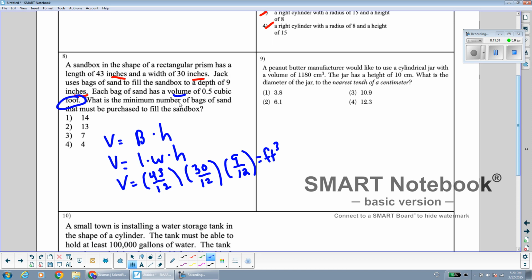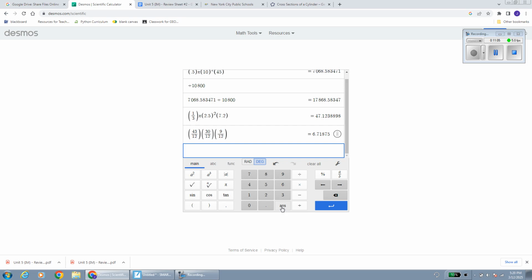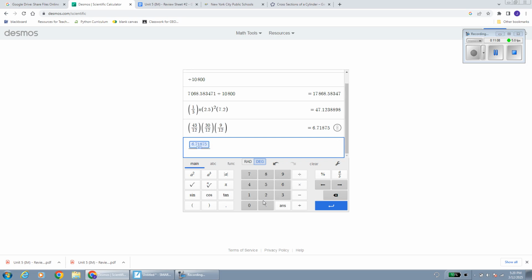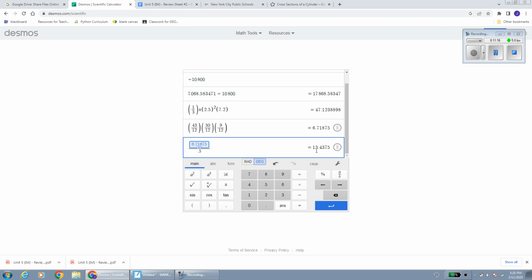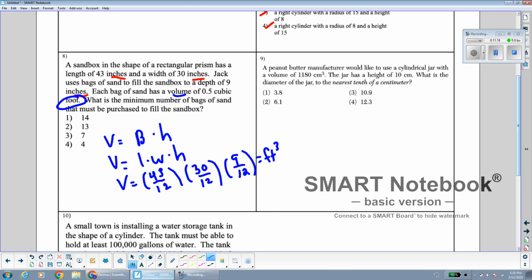Each bag of sand has a volume of 0.5 cubic foot. So if I divide my answer by 0.5, that's about the minimum number. So it can't be 13 because that won't fill it. So it's got to be 14. 14 will fill it.